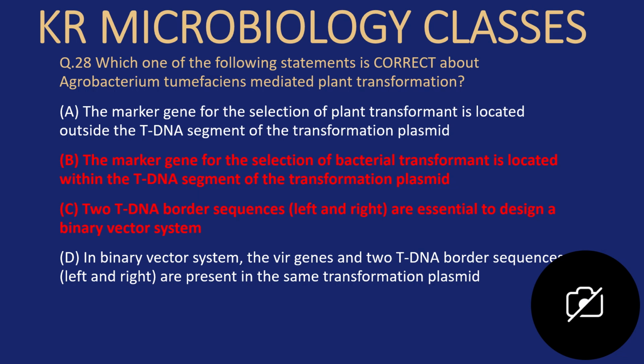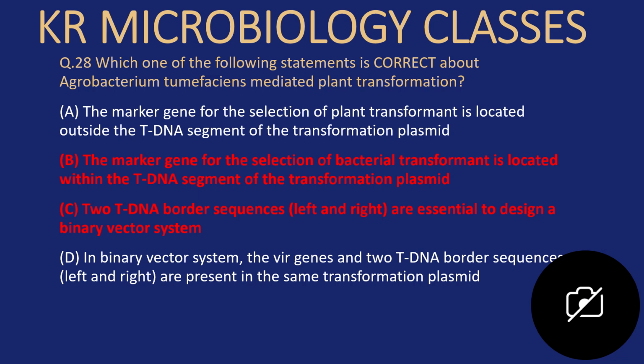It can include that plasmid DNA into the plant cell DNA. That's why scientists use Agrobacterium tumefaciens as a very good tool to transform any required genes into plant cells.